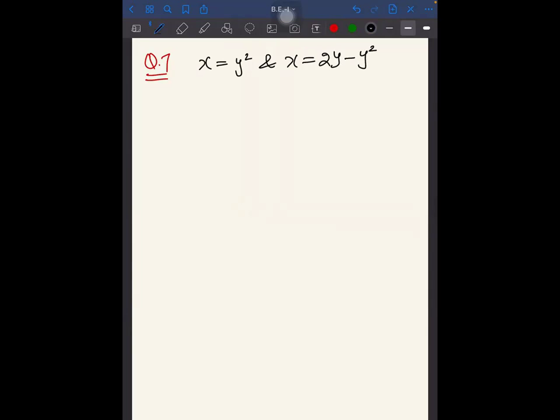Yes, you're with me? Okay, so what is x is equal to y square? A rightward parabola.